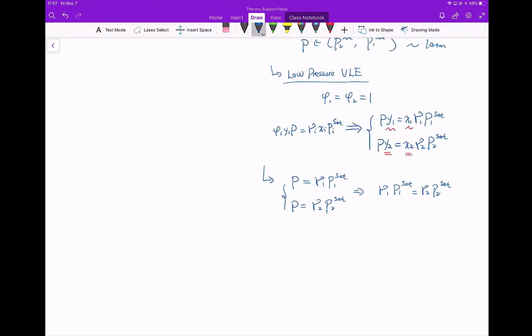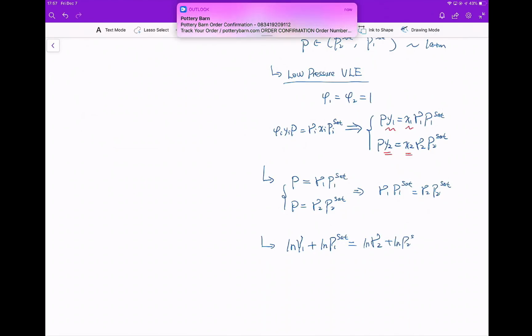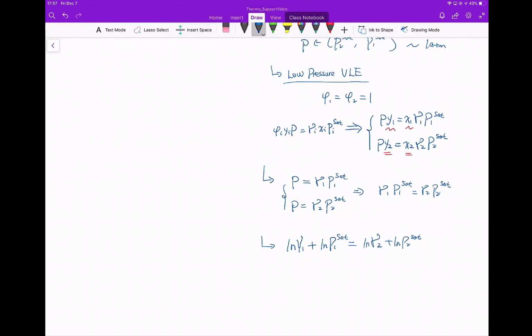Like I did in the solution, if I take log on both sides, then I would have log P1 sat plus log activity coefficient 1 equal to log P2 sat plus log activity coefficient 2. Now I have all those values. I know this is 2.2 x2 squared, which is a known value, and this is 2.2 x1 squared, which is 2.2 times 1 minus x2 squared, and I have this figured out.